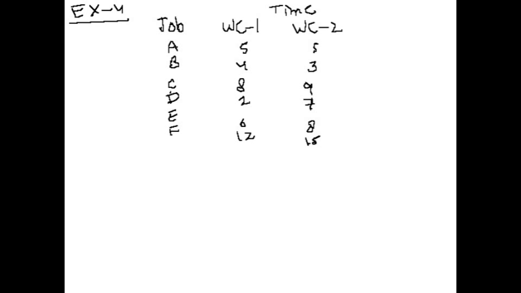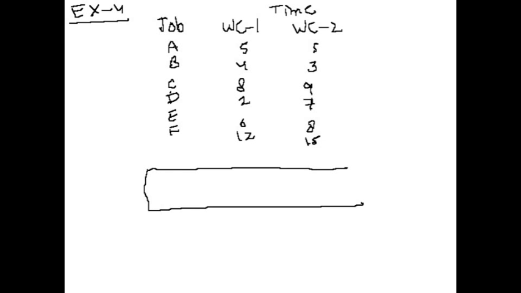Because there are 6 different jobs, we create a blank sequence: 1, 2, 3, 4, 5, and 6. Once we have that, select the shortest one. You can see 2 is the lowest number, and that is for job D. We place job D here because it is on work center 1.